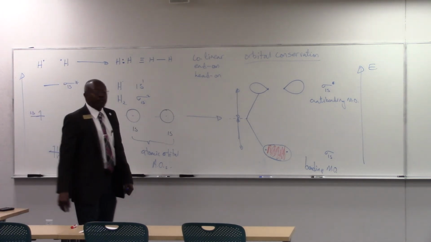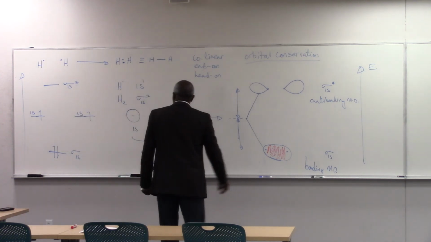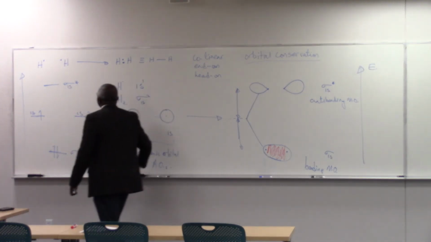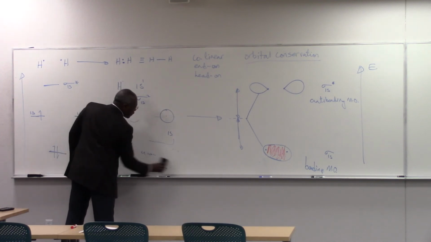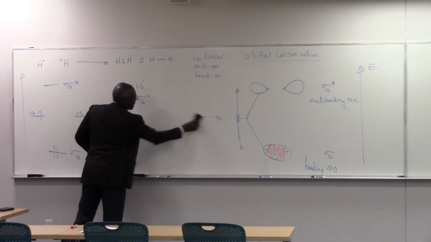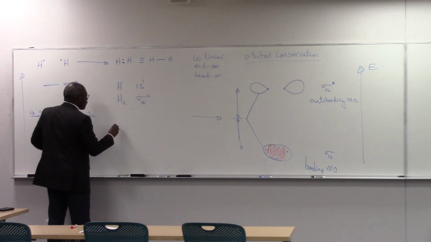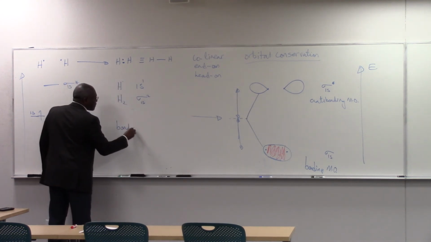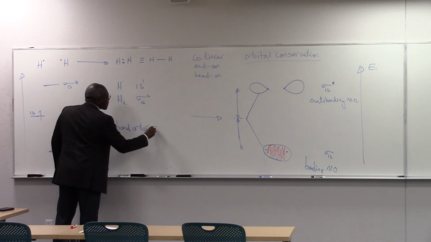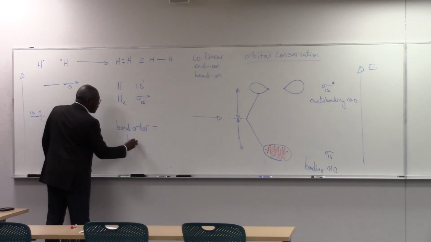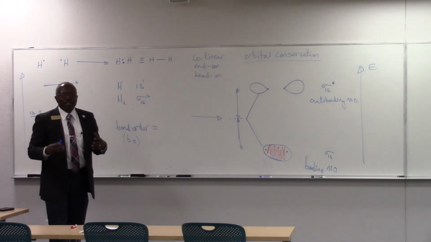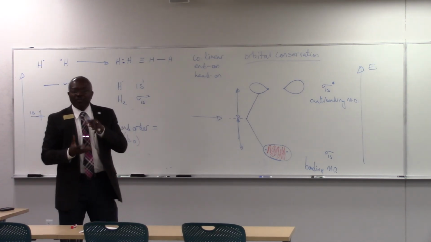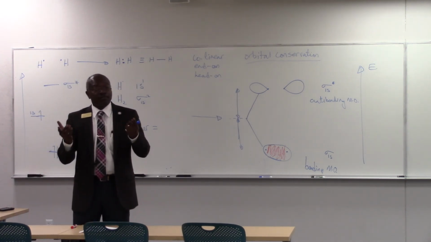We'll go one step further. There is a term, which we've already used in class, by the way, called bond order. And the bond order, or the BO, is a measure of the amount of electron density in a bond.